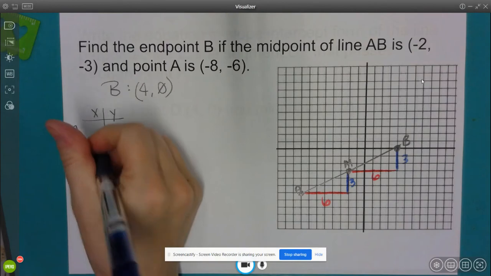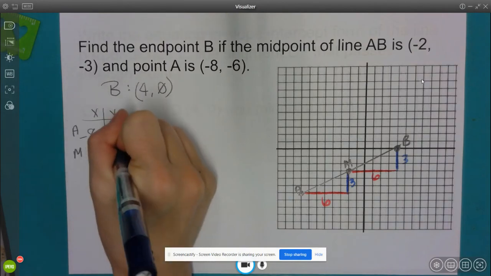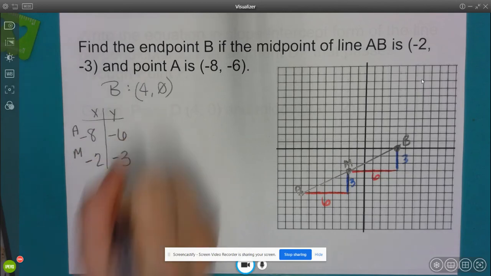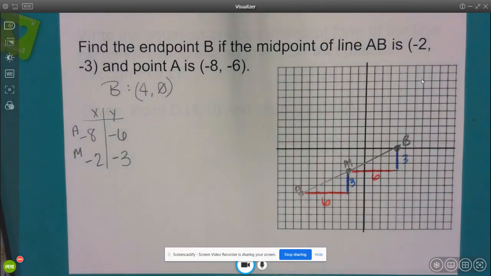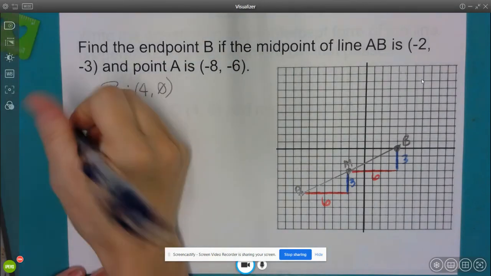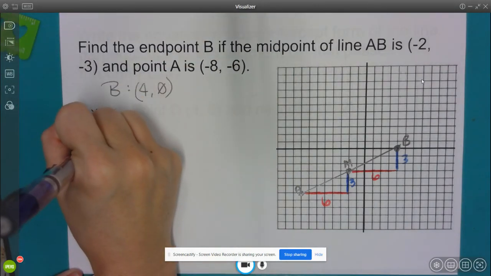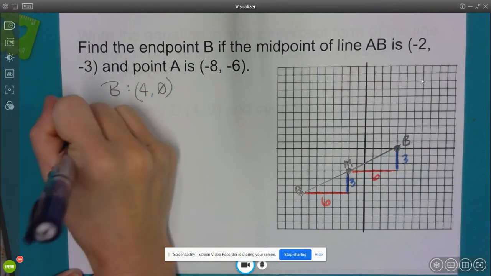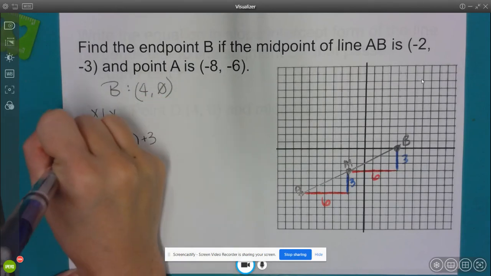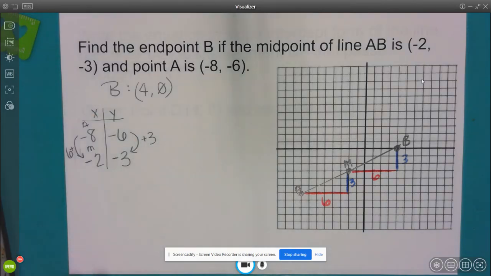So A is at -8, -6. Midpoint is -2, -3. So again, well, didn't leave myself enough room. So this is A, and this is the midpoint. So again, I'm going to look at this change here. This is +3, and this is +6.